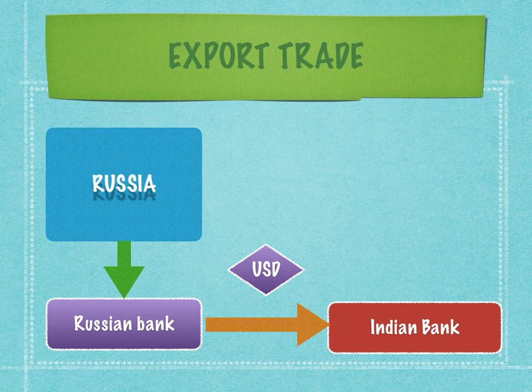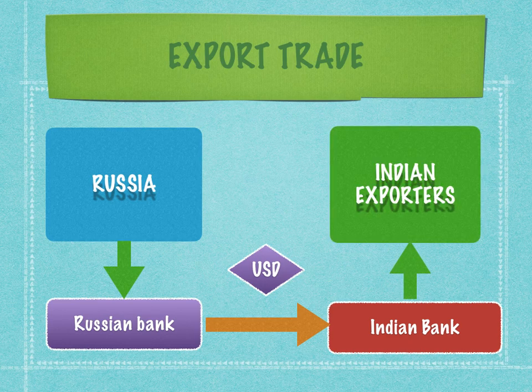The Russian bank will convert the rubles into USD. The Russian bank then uses SWIFT to make the payment to the Indian bank. The Indian bank then makes the payment to the Indian exporter. The Indian bank converts the dollars into INR and gives the payment to the Indian exporter.